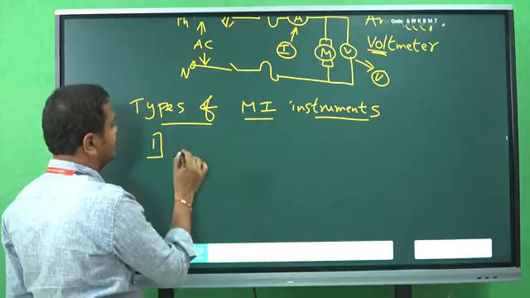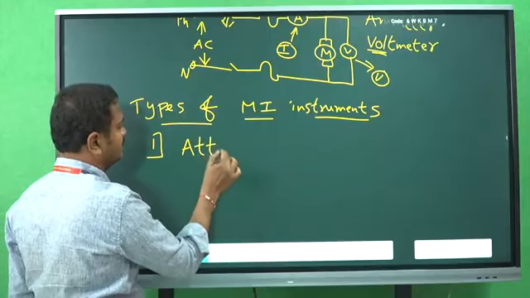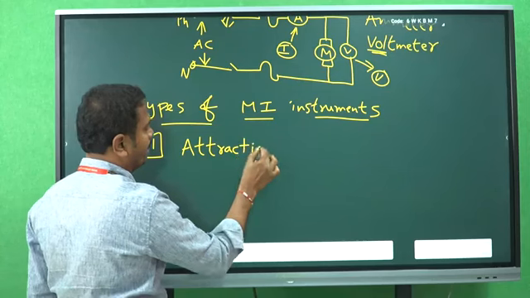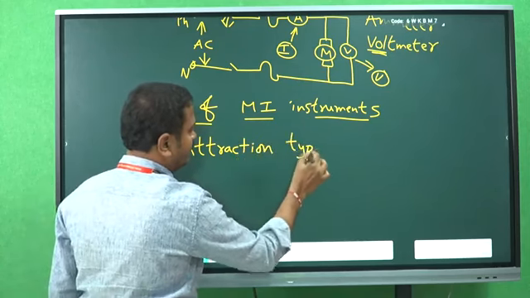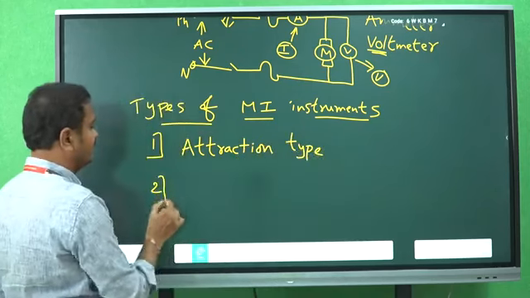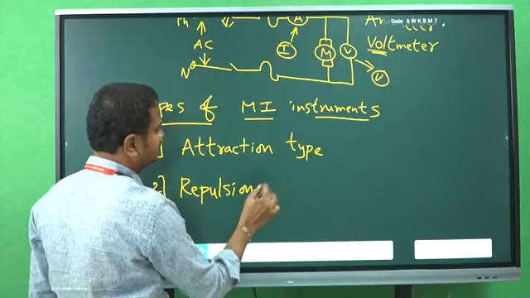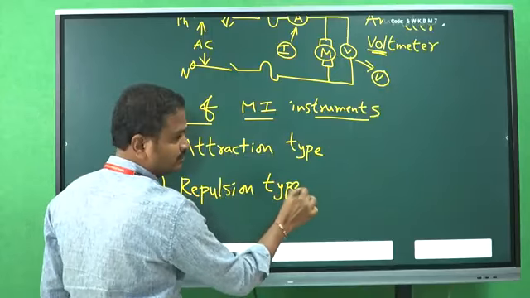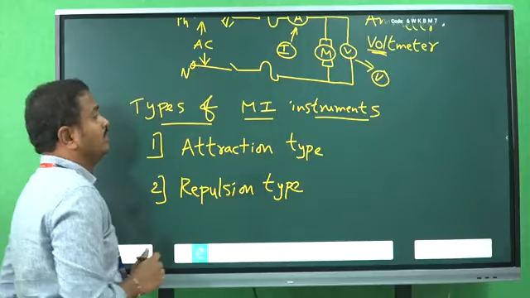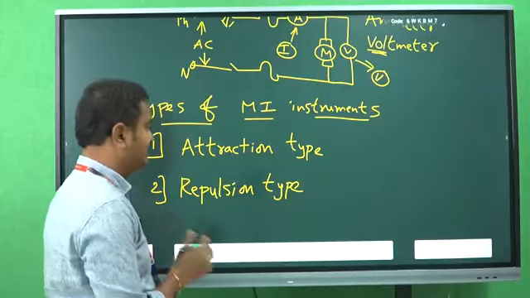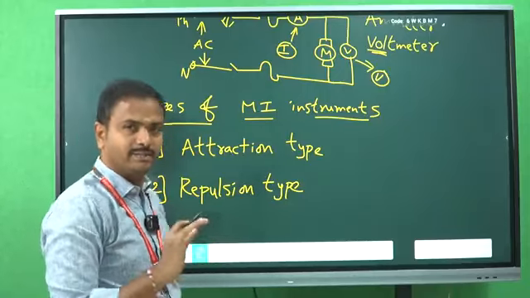One is attraction type, and the second one is repulsion type. So MI instruments are classified as attraction type instruments and repulsion type instruments.